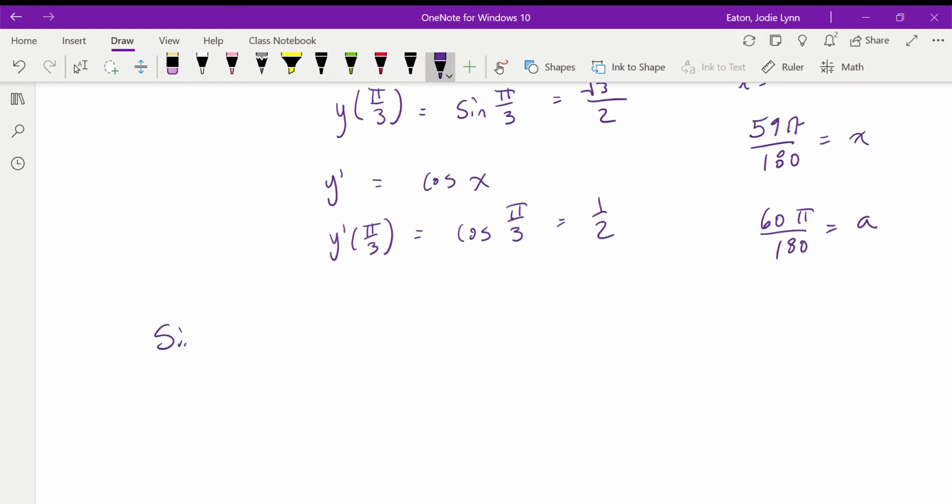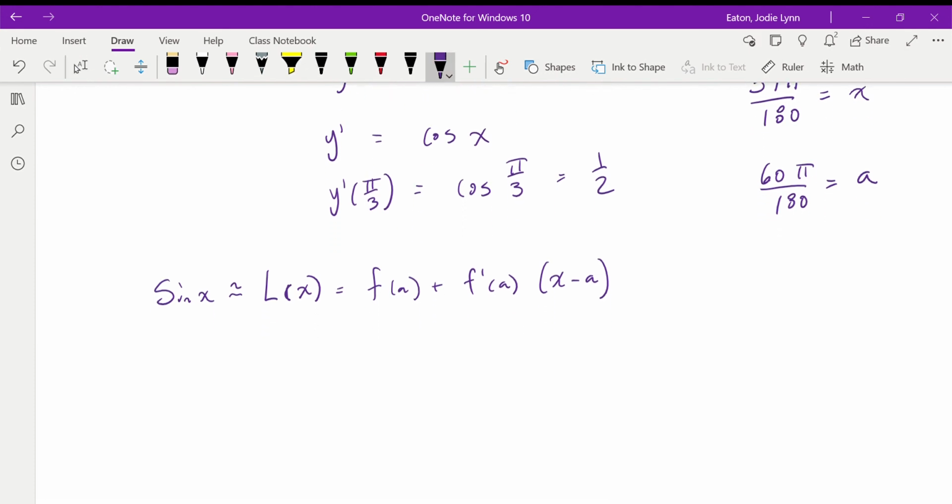So sine x is approximately equal to its linearization, right around the point, which is f of a plus f prime of a times x minus a. Our a is going to be 60, and our x is going to be 59. Okay, so the x is always what we're trying to approximate. So this is root 3 over 2 plus 1/2 times x minus a.